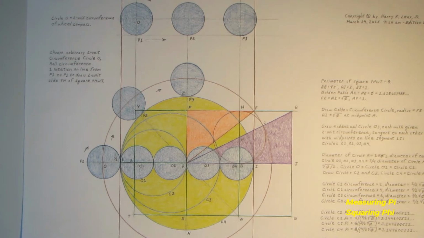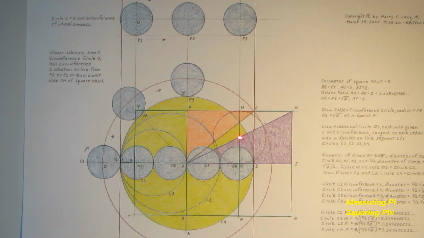Because we want to create the golden ratio triangle 1, 2, square root of 5, because 1 plus the square root of 5 over 2 is equal to phi. How do we find phi geometrically? It's on the web, it's in many textbooks. First we draw the diagonal of this 1, 2, square root of 5 right triangle, AB diagonal.